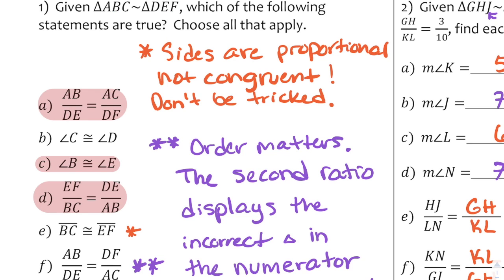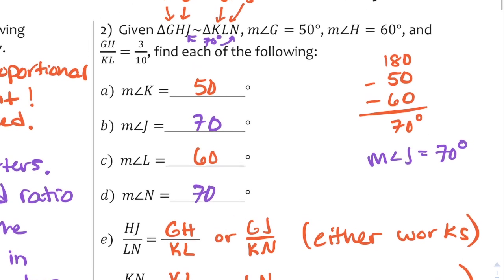Angles are congruent while sides are proportional for similarity. The last one, EF over BC, so that order is great, and DE and AB. So I go from right to left, and it all works out well. Nice.